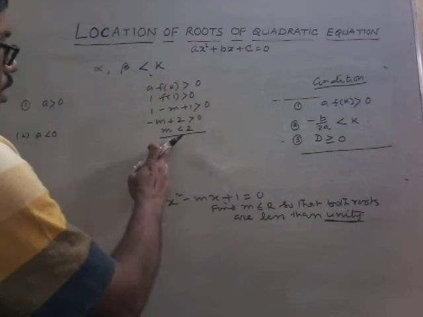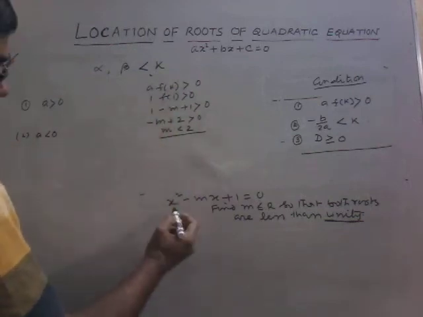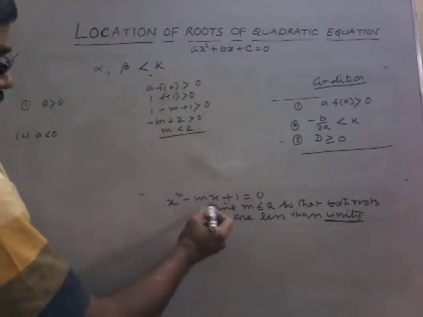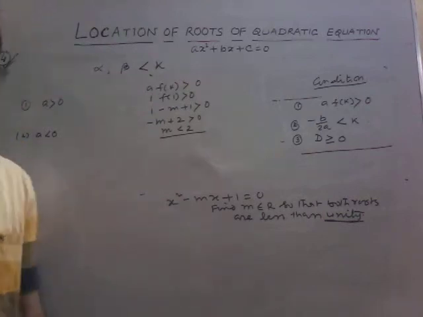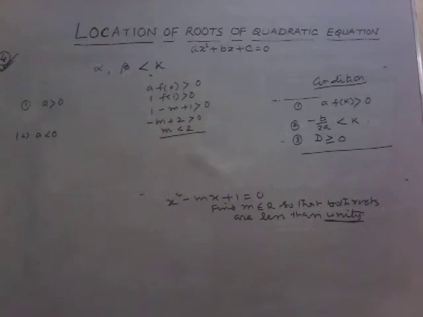So a into Fk greater than 0, we are getting this one.